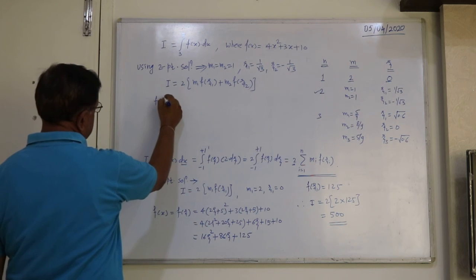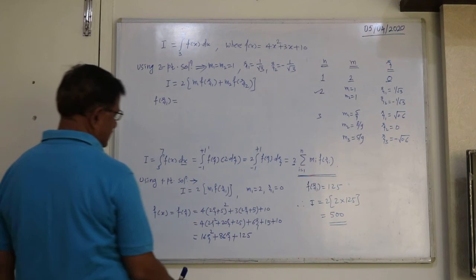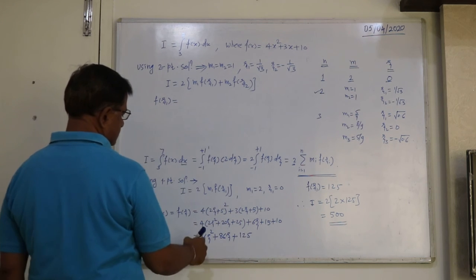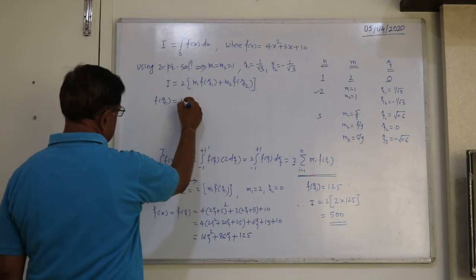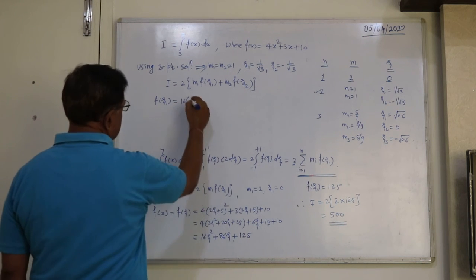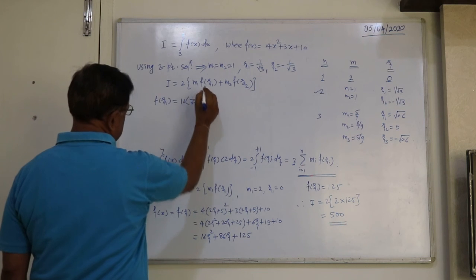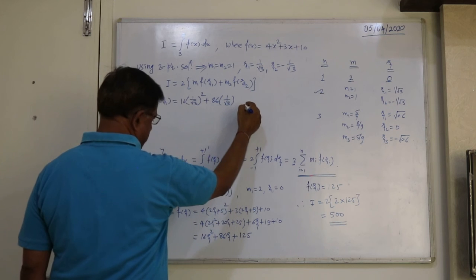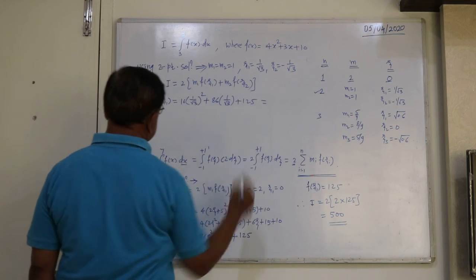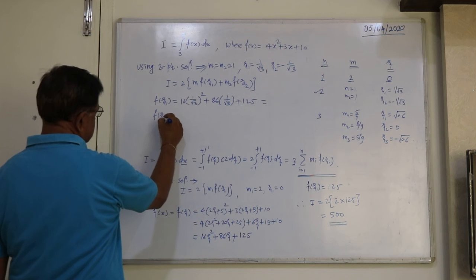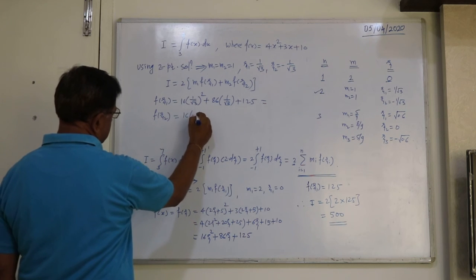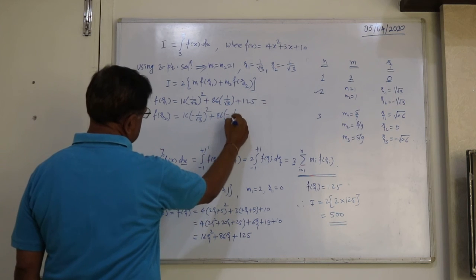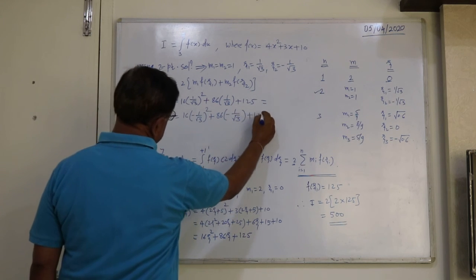So f of xi1 becomes 16 into bracket 1 upon root 3 bracket squared, plus 86 into 1 by root 3, plus 125. So you will get f of xi1. Similarly, f of xi2 equals 16 into bracket minus 1 by root 3 bracket squared, plus 86 into minus 1 by root 3, plus 125.